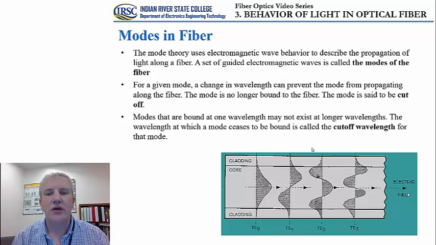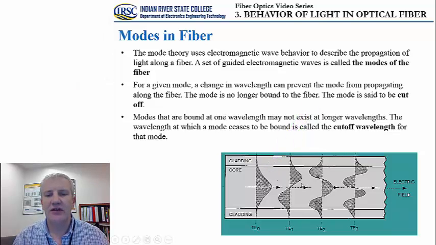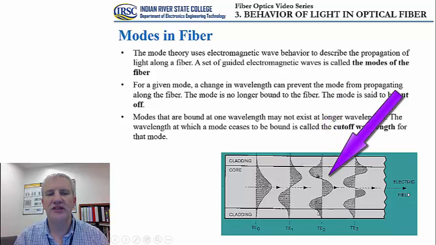If you focus on the bottom half of this slide, you can see a few different modes of light that are propagating along an optical fiber. We have the so-called TE0 mode that has just one peak, one maximum, and then we have the TE1 mode that has two peaks, one positive and one negative, and then we have the TE2 mode, etc.